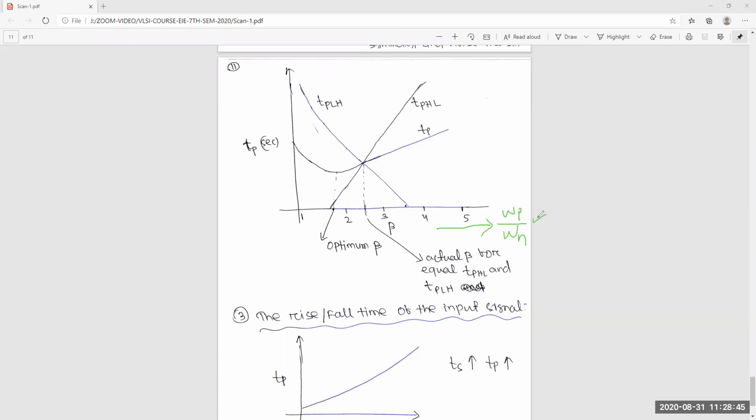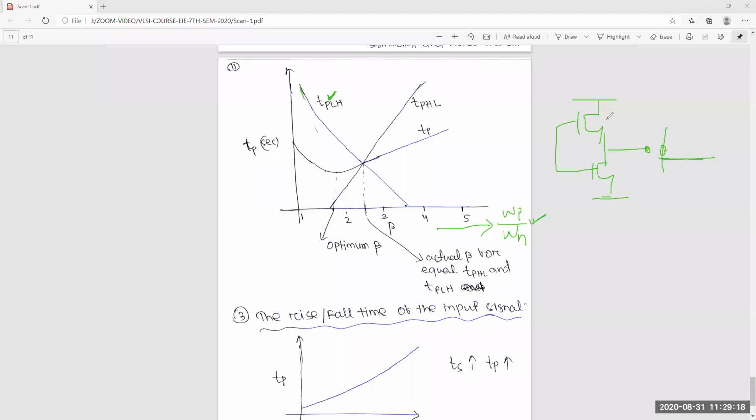So when you are increasing this value, then your TP low to high decreases. Okay, this is your PMOS, this is your NMOS. Initially, suppose this value is low, it is 0.